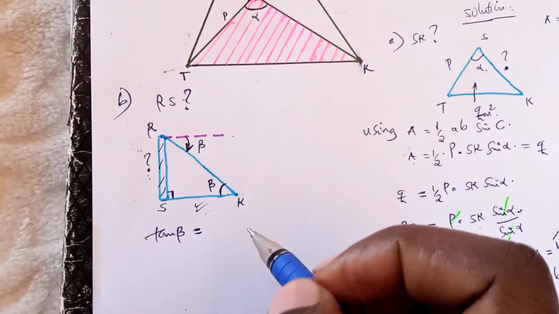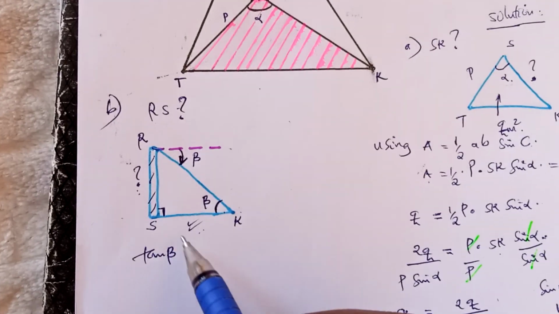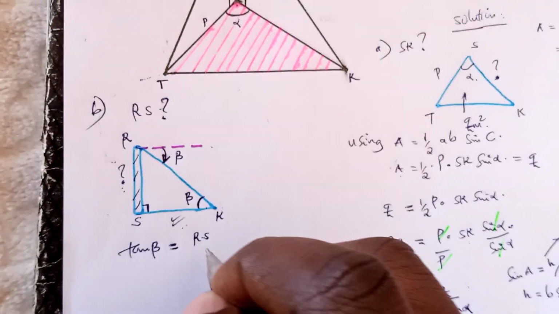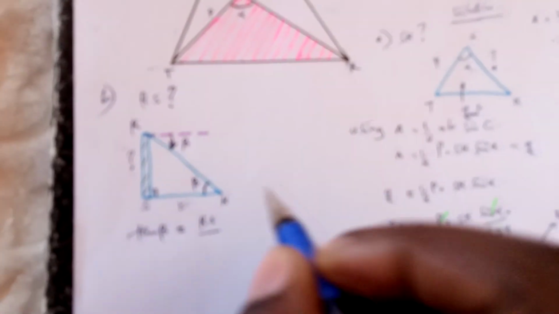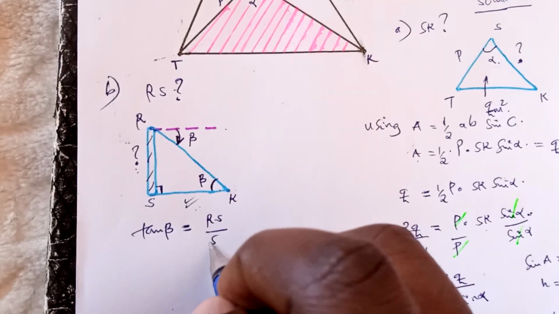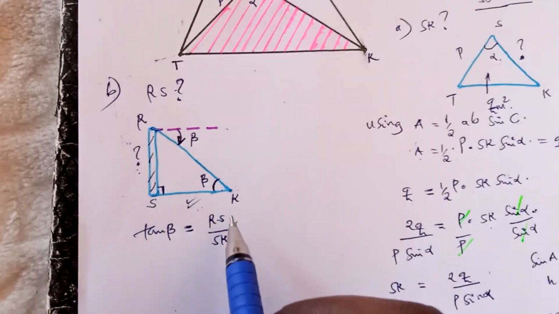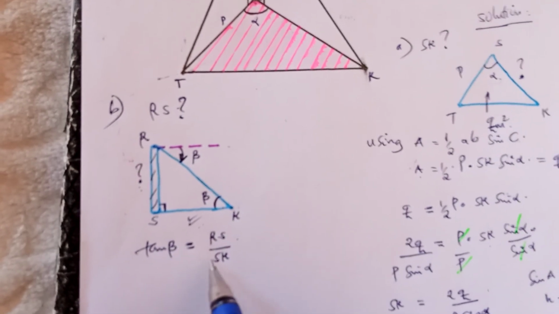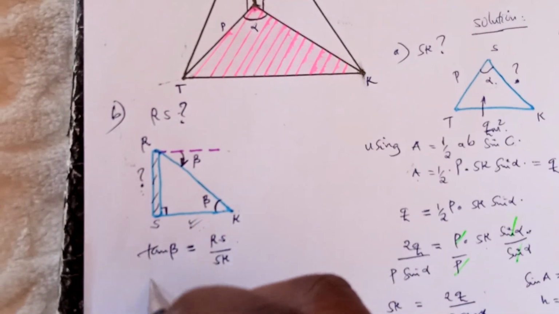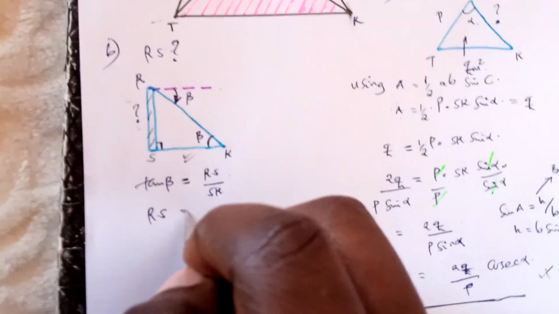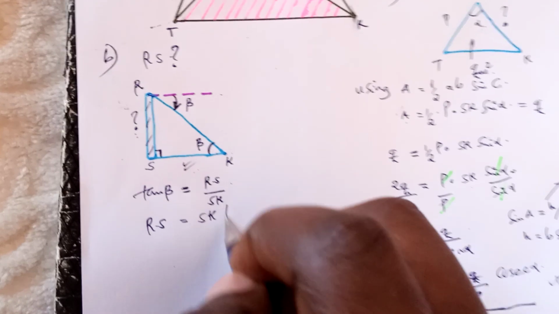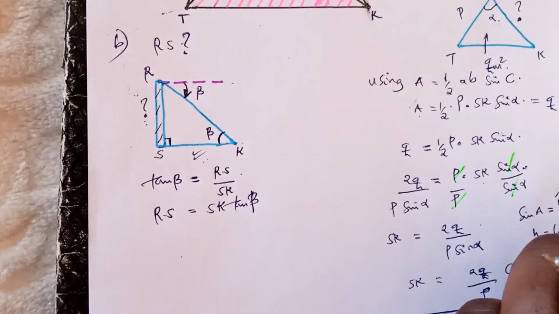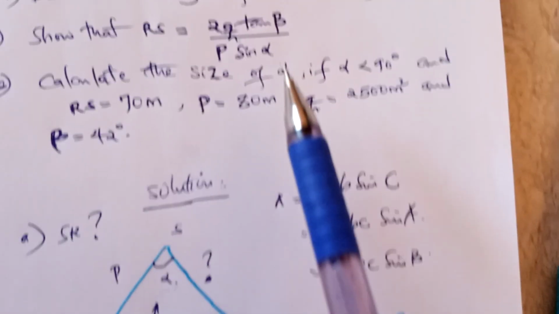Tan beta is opposite, which is RS, out of adjacent, which is SK. Since we want RS, we cross multiply and come up with RS being equal to SK tan of the angle beta. We can have a smile, at least we have tan beta.